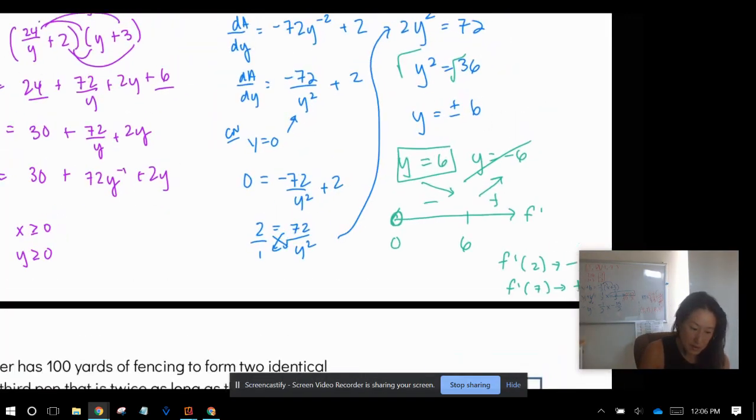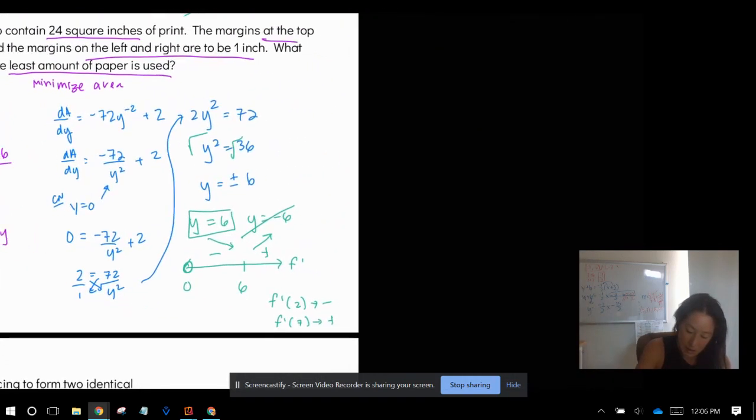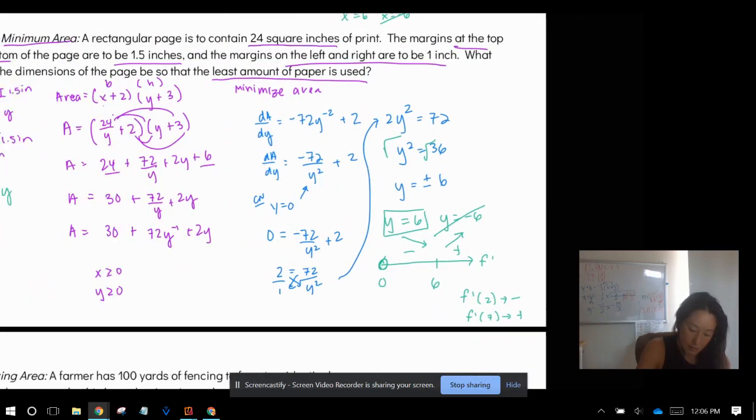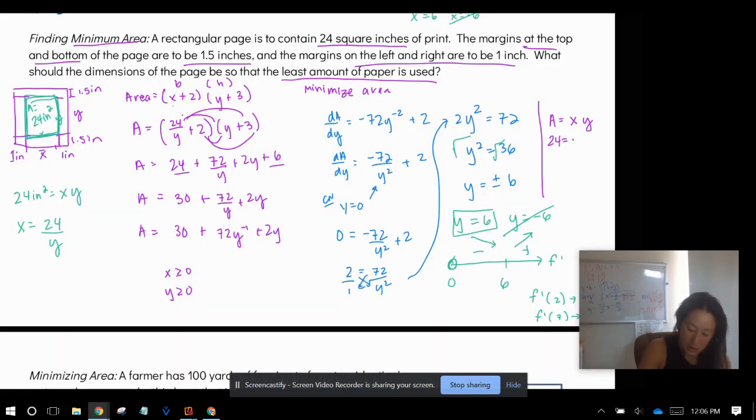Okay. So all that's left is I have to get the dimensions of my paper. Okay, so I have area of the inside is equal to x times y. So 24 is equal to x times 6, so x would equal 4.